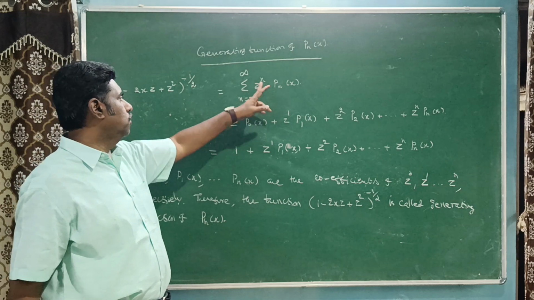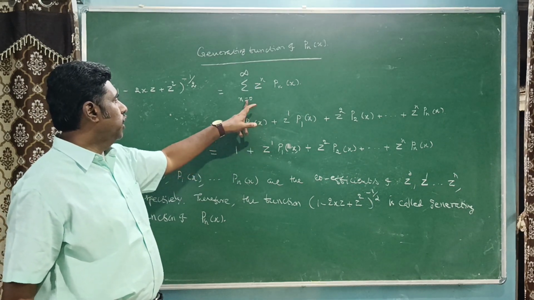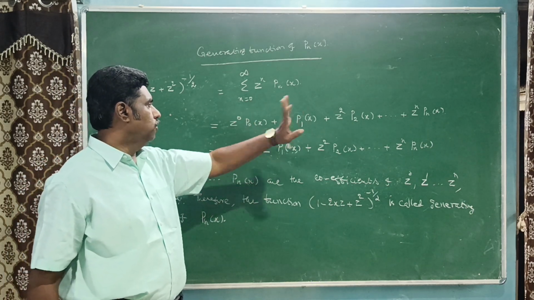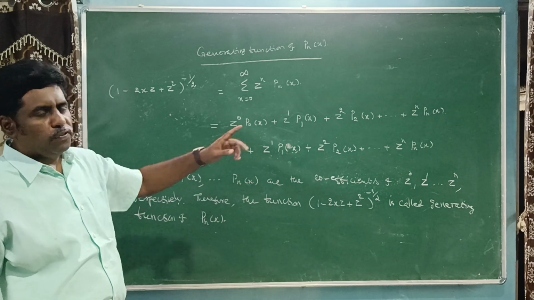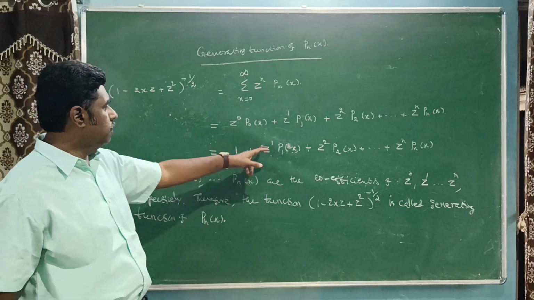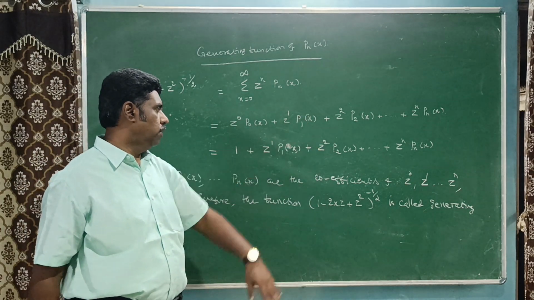Put n equal to 0 here, we get the first term, z to the power 0 P0 of x. If you put n equal to 1, we get the second term, z to the power 1 P1 of x, and so on. We know that P0 of x equals 1, and anything to the power 0 is also 1. So this is 1 plus z P1 of x plus z squared P2 of x, and so on.